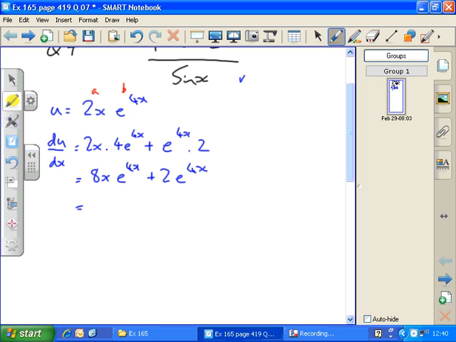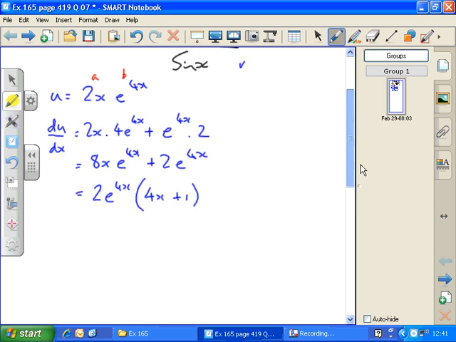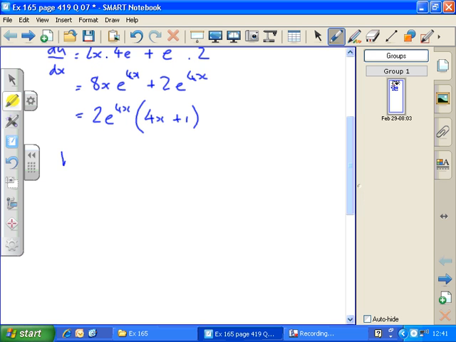Factorising, we can bring a 2 and an e to the 4x outside the bracket, leaving 2(4x plus 1) inside the bracket. So that's the differential of the top bit, and I've had to use the product rule to do that.